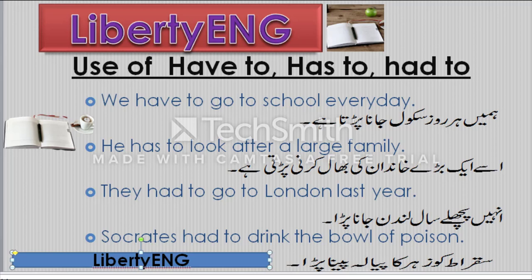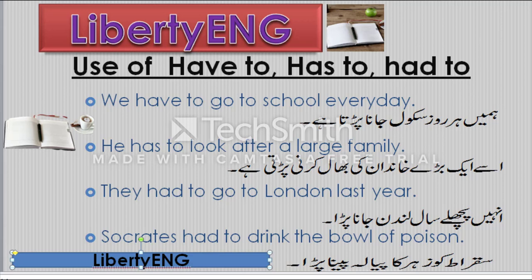In the first video, you learned how to make sentences by using structures like is to, are to, am to and the use of exclamation mark. But today our topic is the use of have to, has to, had to in different sentences.